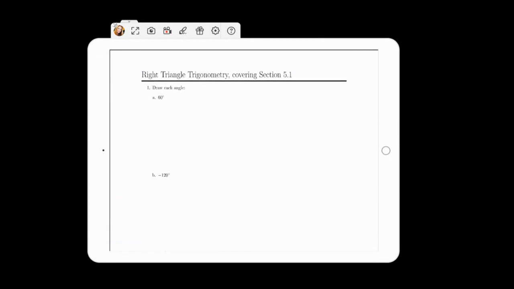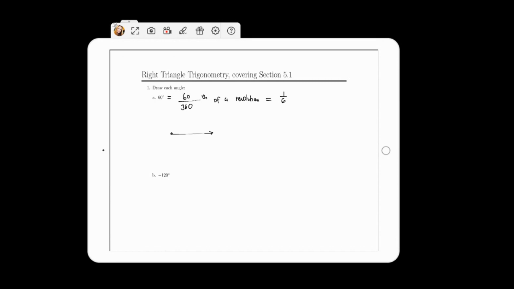So now we can practice using this definition to draw a variety of angles. The first angle we have is 60 degrees. This means 60/360ths of a revolution, which, when you simplify 60 over 360, is 1/6. So 1/6 of a full revolution. This will be in the first quadrant.